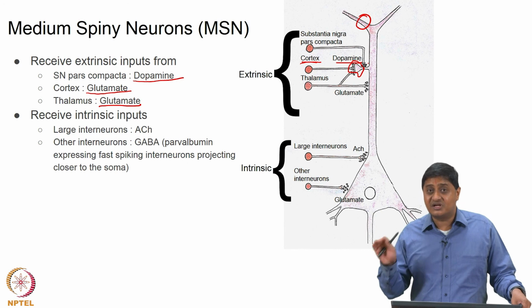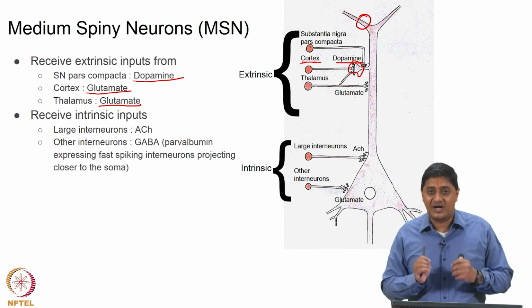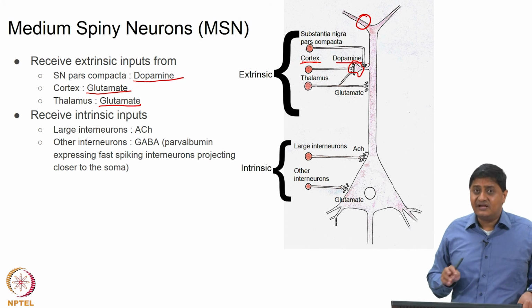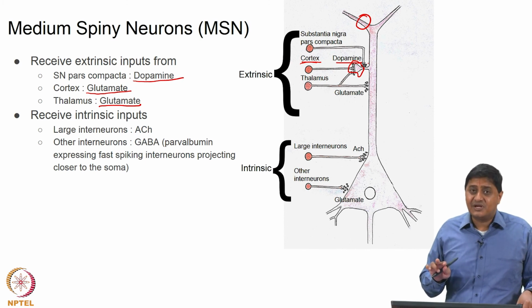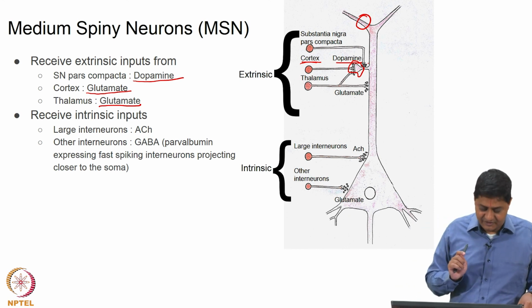So, inhibition of the GPA neurons essentially opens the gate for, say, a movement to happen. Okay. Note this function is different depending on whether the medium spiny neuron is part of the direct pathway or the indirect pathway. Okay. That is something that we will have to discuss.